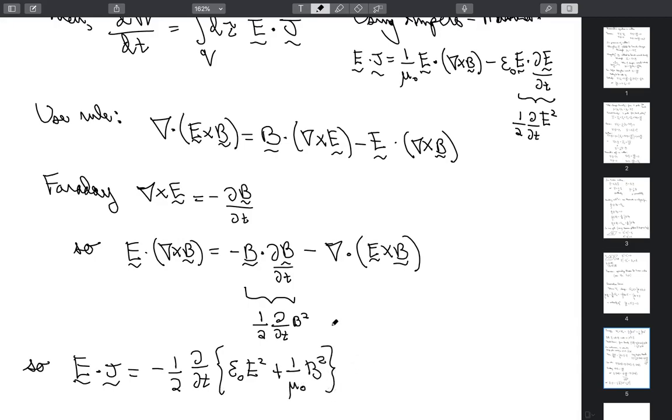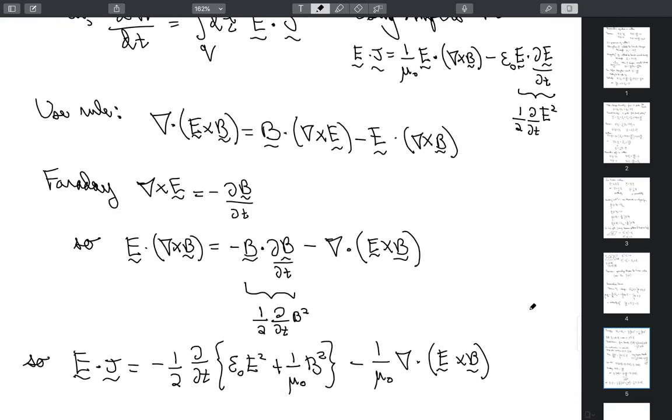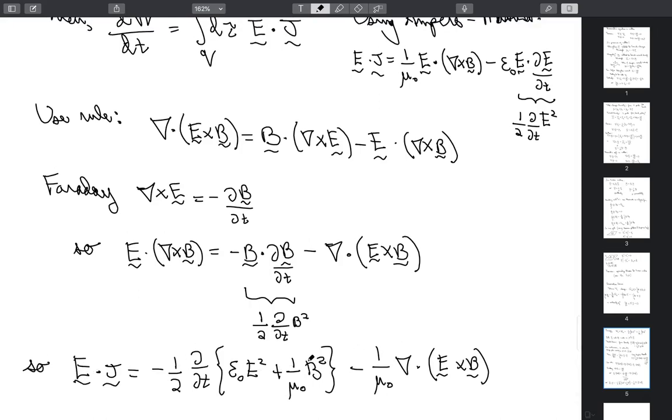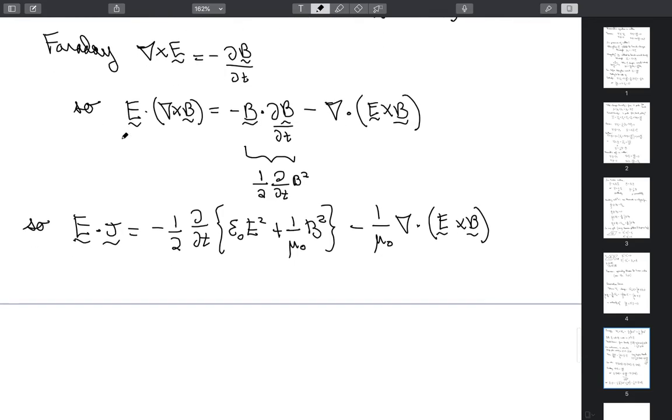And now the last term is just this one here that I get from here, so we shouldn't forget the 1 over mu 0. So I get 1 over mu 0 with the divergence of E cross B. That's all very swell. Now I've got a handy expression for E dot J that I want to substitute back into this expression here for the work done per unit time.